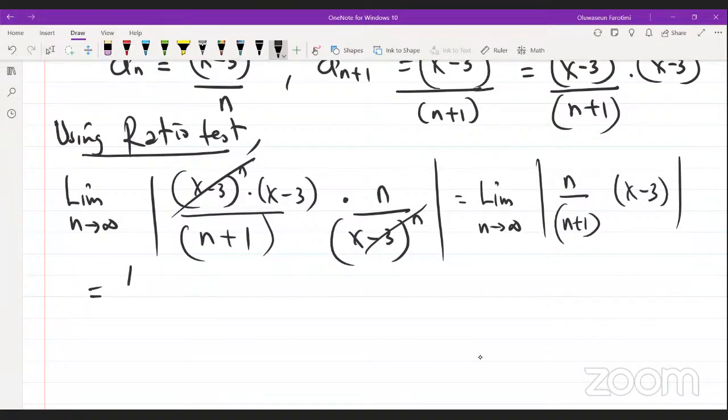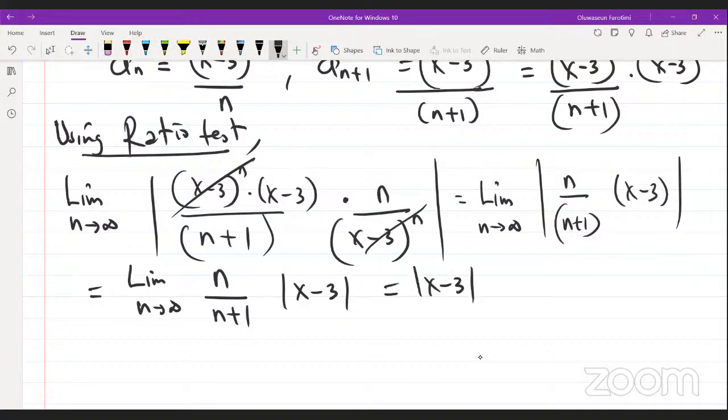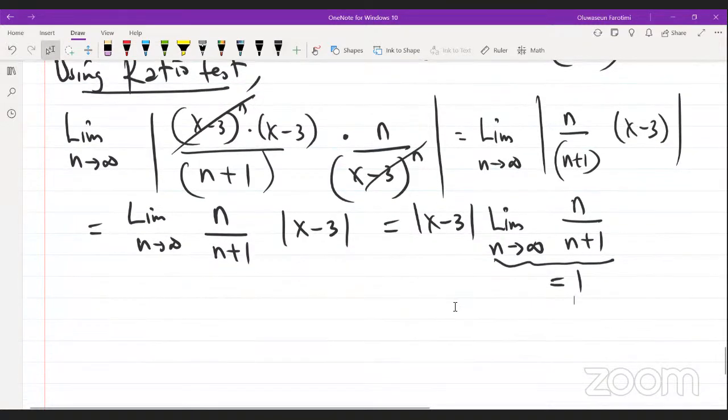So this is the limit as n goes large of n divided by n plus 1, and this is x minus 3 in absolute value. I can write this as absolute value of x minus 3 times the limit as n goes large of n divided by n plus 1. What do I know, guys? This limit equals 1. That means all of this work leaves me with only this left.